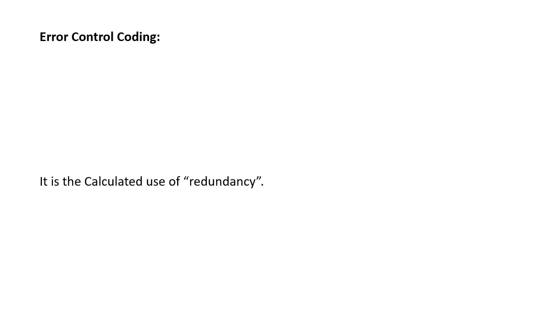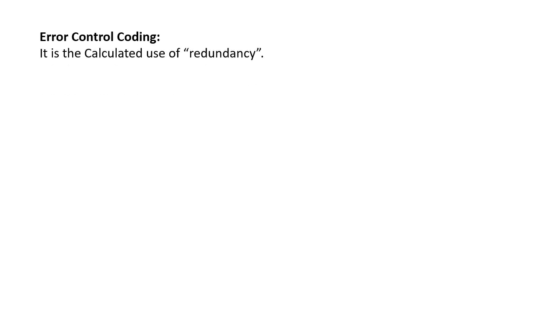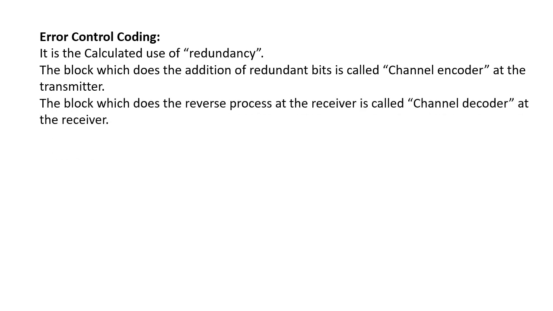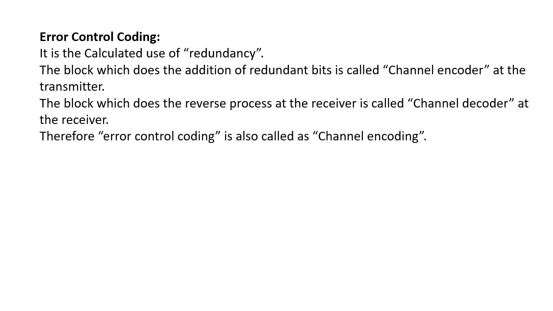Error control coding is the calculated use of redundancy. The block which does the addition of redundant bits is called the channel encoder at the transmitter. The block which does the reverse process at the receiver is called the channel decoder. Therefore, error control coding is also sometimes referred to as channel encoding.